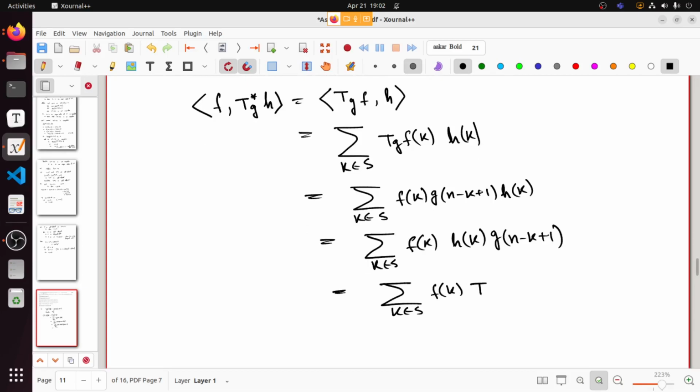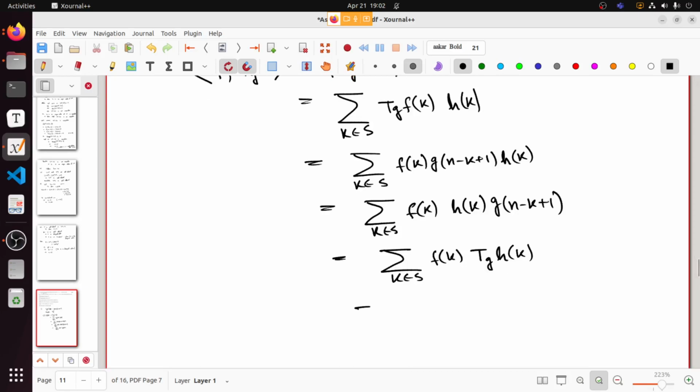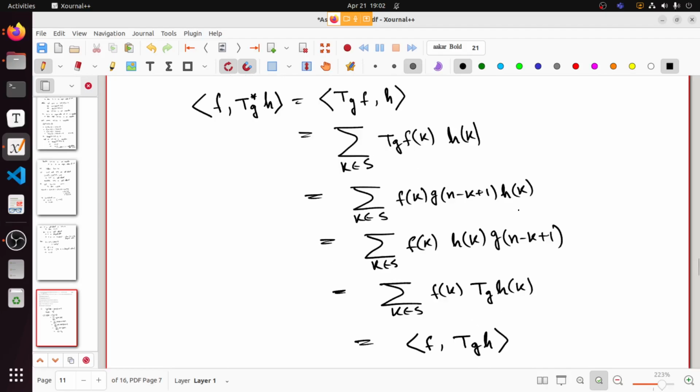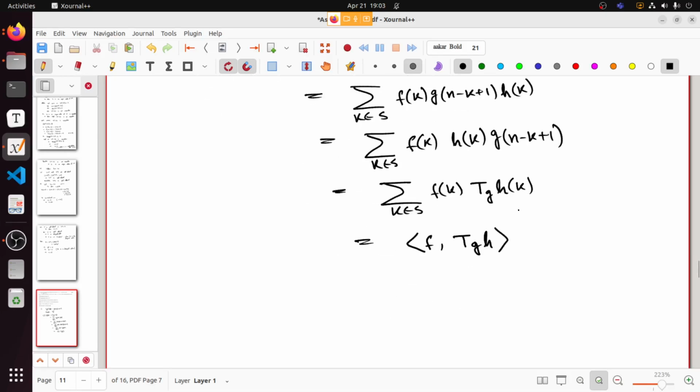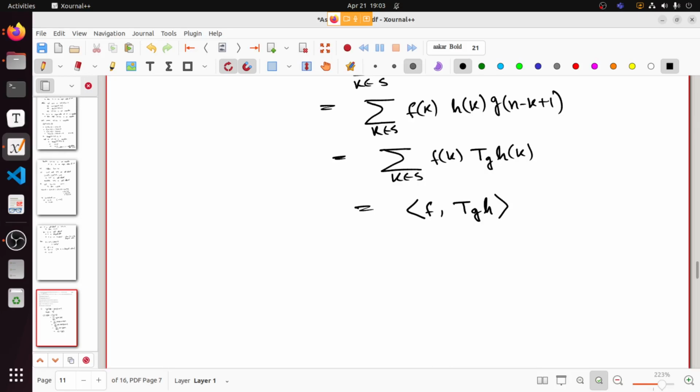So this you can write as f(k) into h(k) g(n minus k plus 1). This is the same as the sum over k belonging to S of f(k) times Tg h(k). So this is the inner product of f with Tg h. So if we started with the inner product of f with Tg star h, we get the inner product of f with Tg h. So this is true for all f, h.